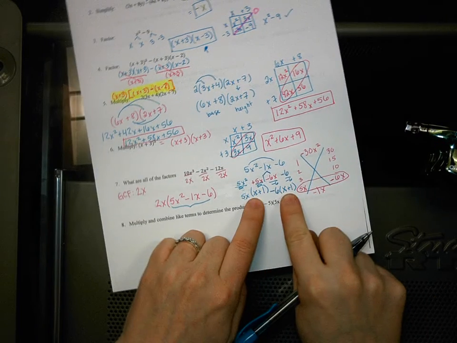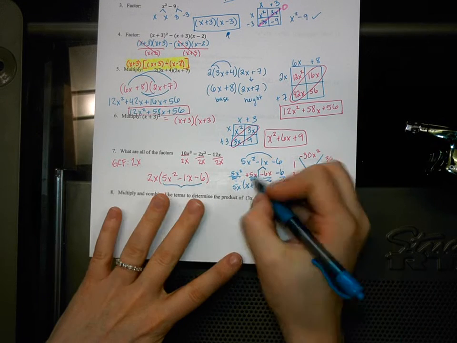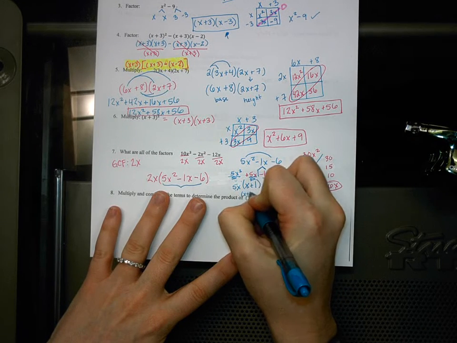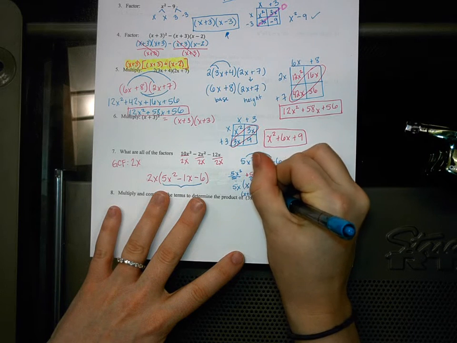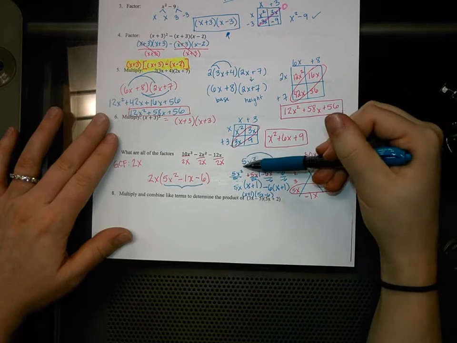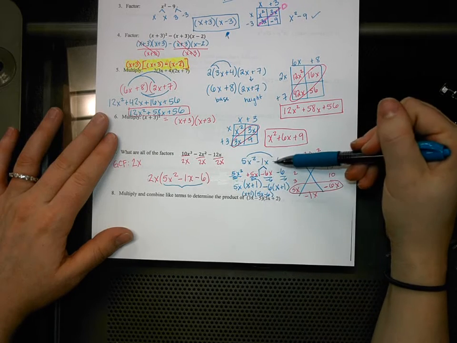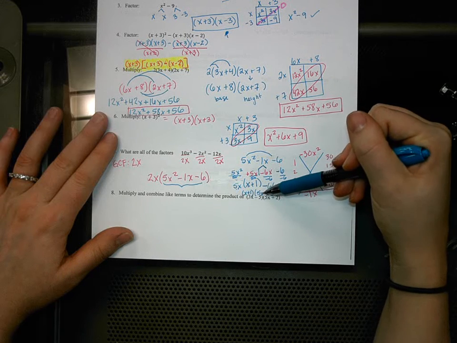These binomials should match each other. So we factor out the x plus 1, and left over is 5x minus 6. So 5x squared minus 1x minus 6 factors to x plus 1 times 5x minus 6.